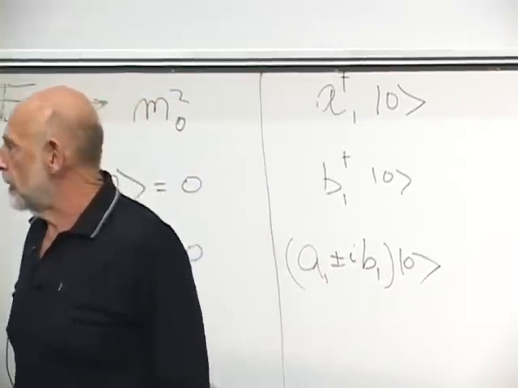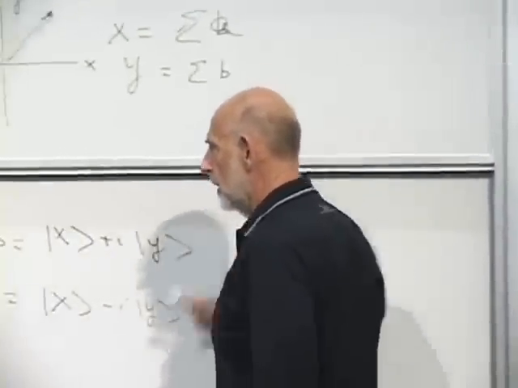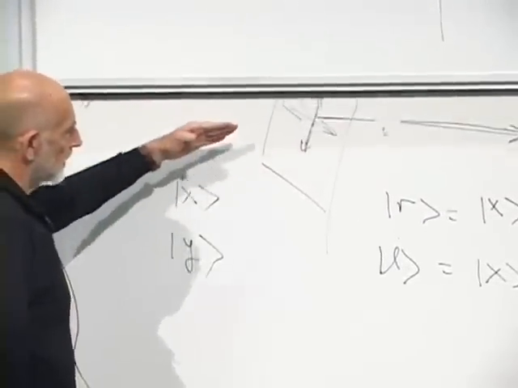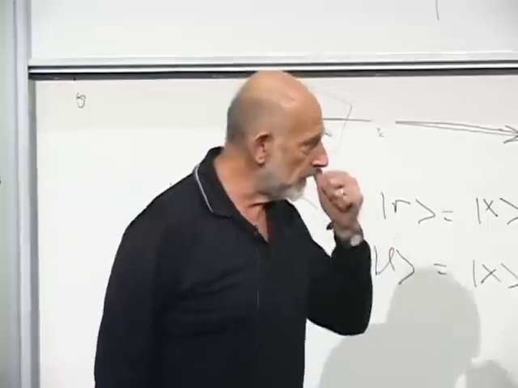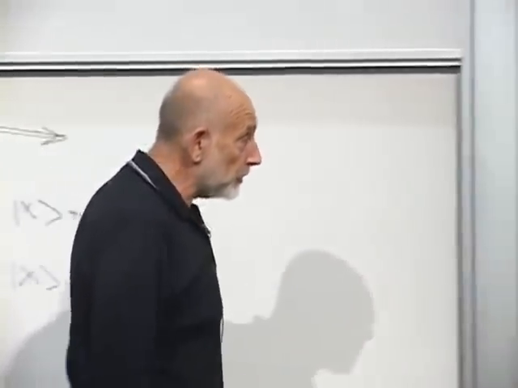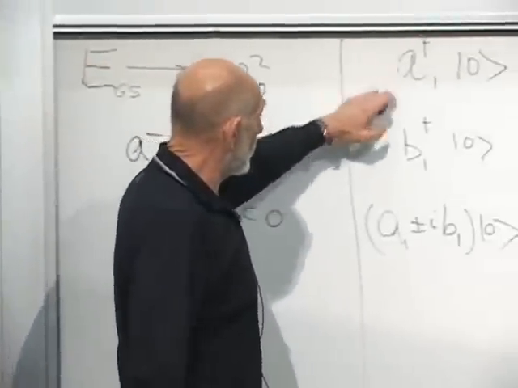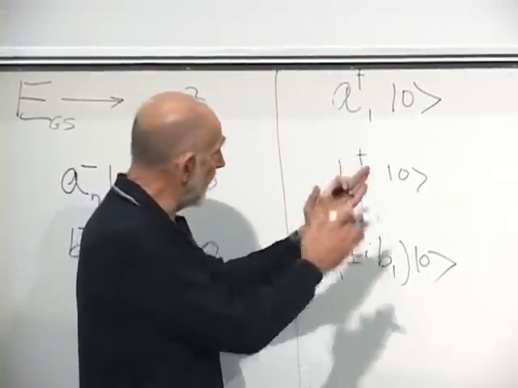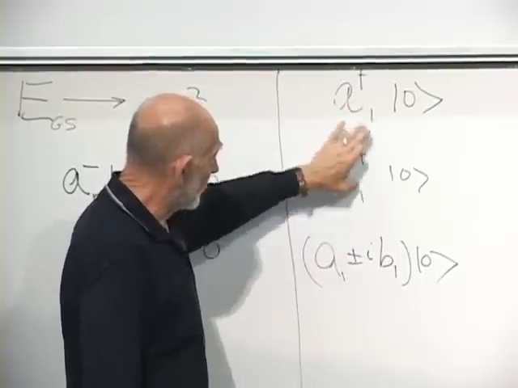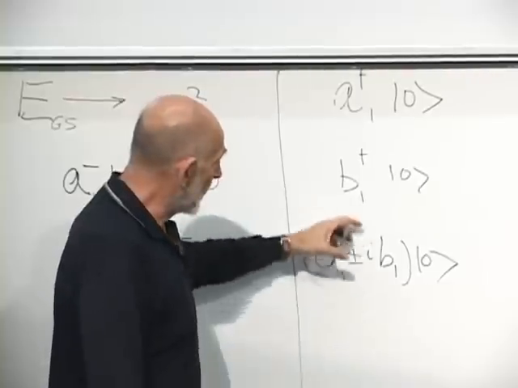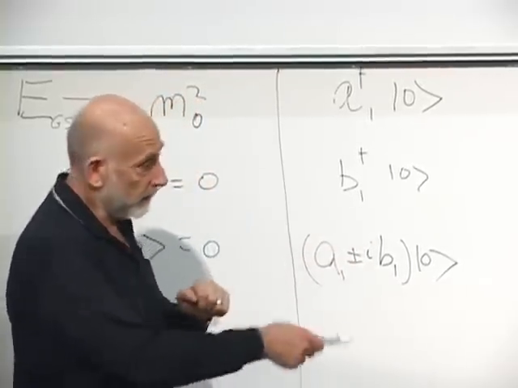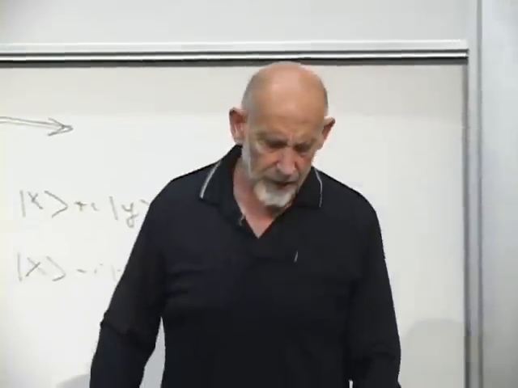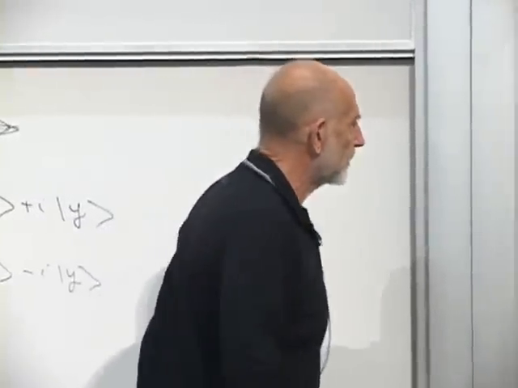The mathematics of it is identical to the mathematics of the polarization states of a particle moving down the axis. They transform into each other in the rotations. We could linearly superpose these with real coefficients, and then we would just be rotating the direction of oscillation. Or we can add them with an i, and we turn them into circularly polarized. Now, this is not easy to visualize. Don't try to visualize it. It's the transformation properties which count.